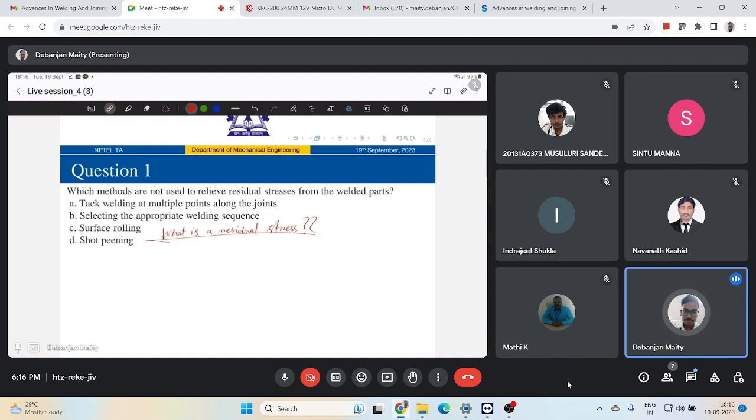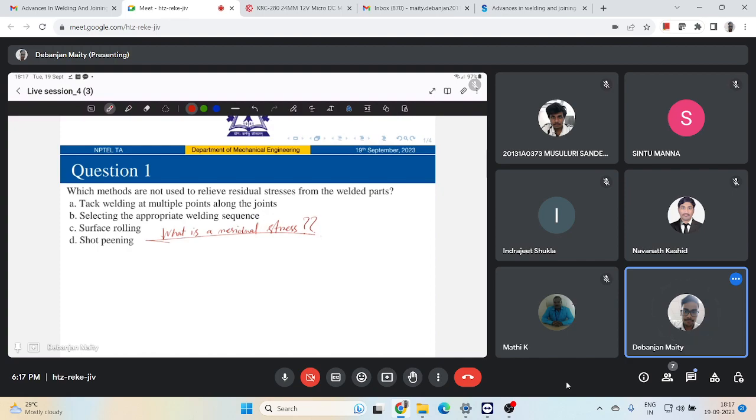So if we want to define residual stress, you can say residual stresses are those stresses that remain in an object, right? This is very particular in a welded component. Even in the absence of some external loading or thermal gradient, if you do some XRD analysis, I'm not sure whether you are well aware of this XRD analysis or not. This is a procedure through which you can measure the residual stress in a structure.